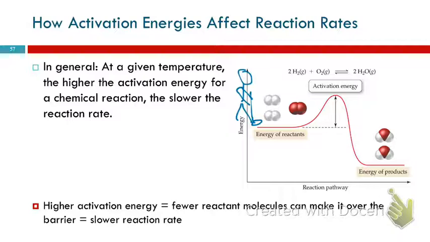No reaction. So we need enough energy to get over the hump. The higher this hump, the fewer molecules collide with enough energy to react, and the slower the reaction rate. If it's a really big hump, it's going to take him longer to get a ball over. When the hump is bigger, fewer of these molecules have enough energy to get over it.